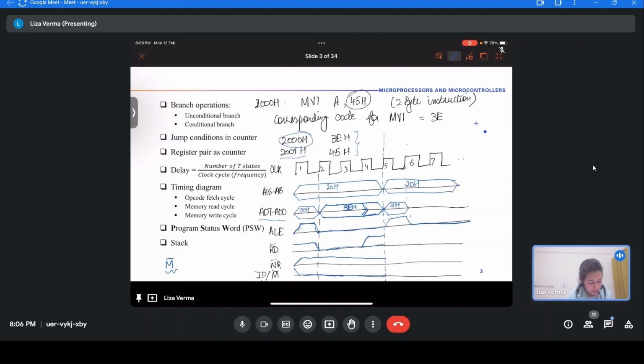After this T5 state, the lower order address will be latched onto the latch, and the read signal will go low after T5 so as to read the data. And what is the data now? It is 45H. And it will remain there.